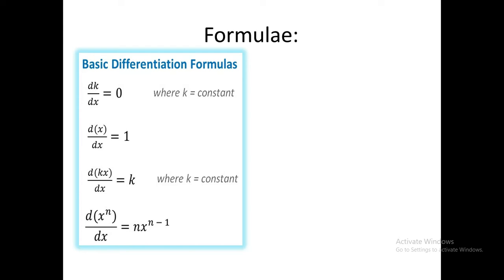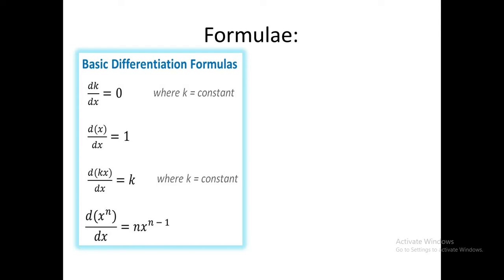So for example, you say y is equal to mx plus c, there are constants as well as a variable. So what happens? When there is only a constant, it becomes 0. If there is only x, it becomes 1. If there is a combination kx, then x becomes 1, so automatically k remains, so it is k.